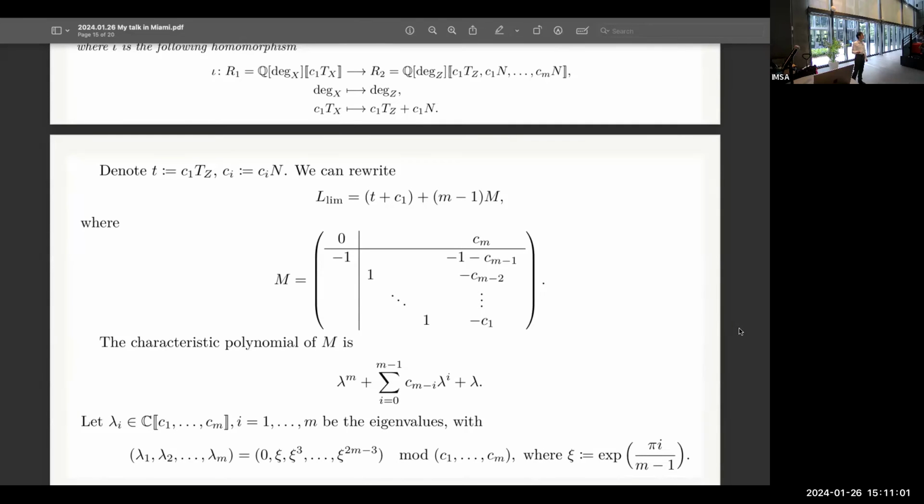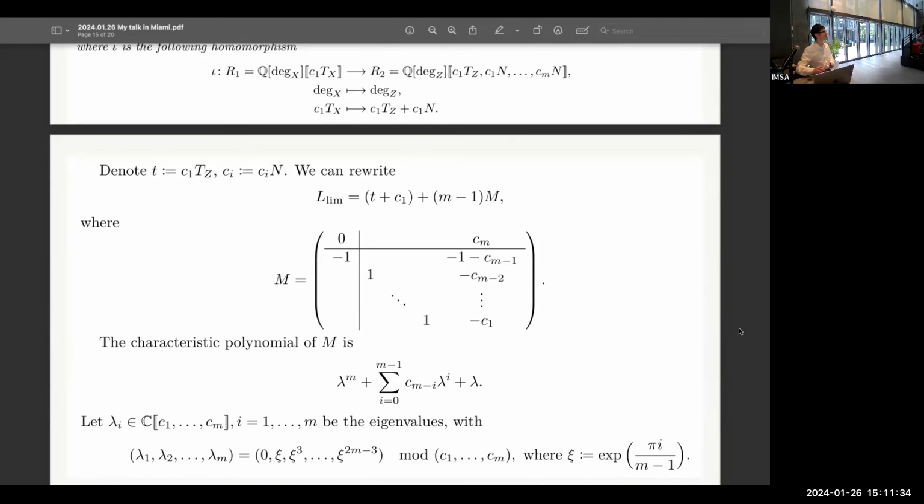If we mod out all these terms, the Cs are just formal variables. If we mod out C1 to Cm, we get exactly these eigenvalues that we computed before for this quantum operator. And it's just like a rotation for the Wilson unit.